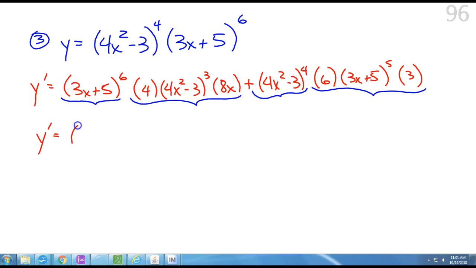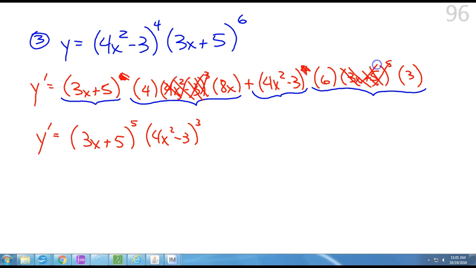Alright, so I'm going to look at, I can take 3x plus 5 out. I can take 5 of them. And the 4x squared minus 3, I can take 3 of them. So now there's only one of those. Those are gone. There's only one of those. And those are gone.